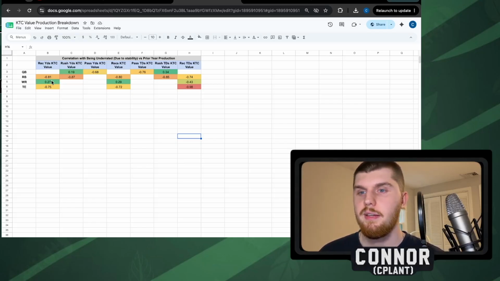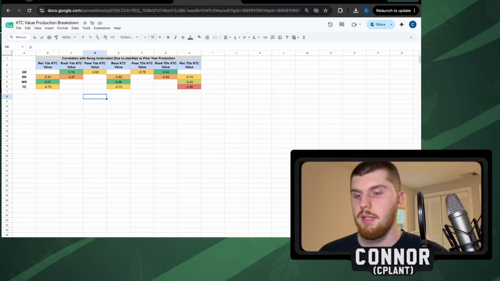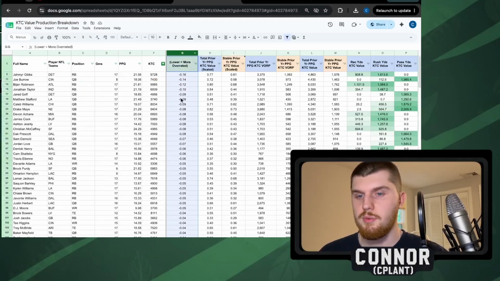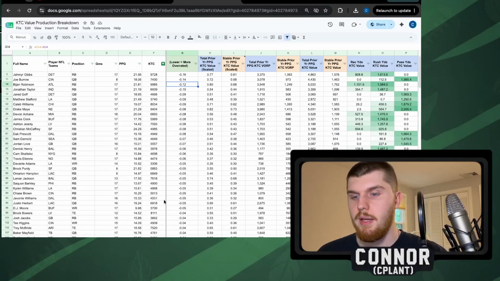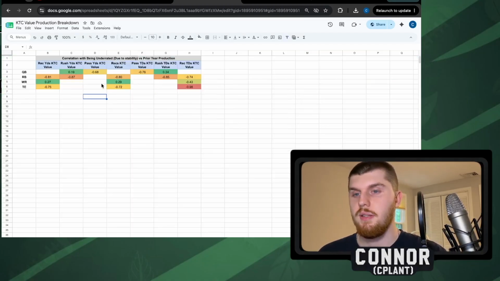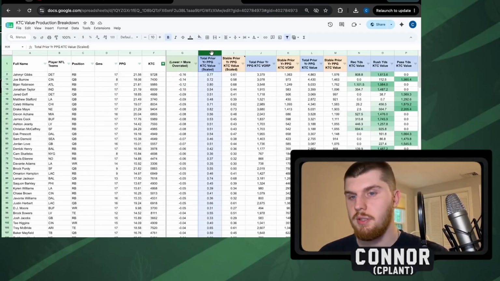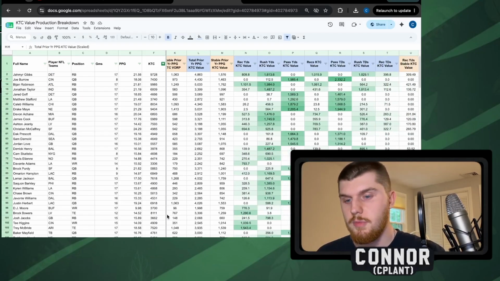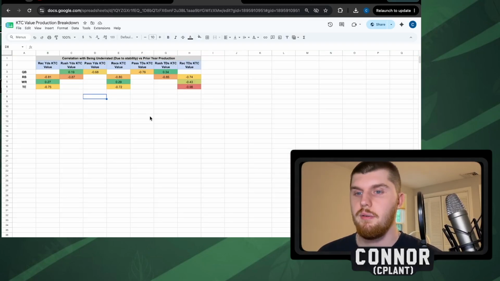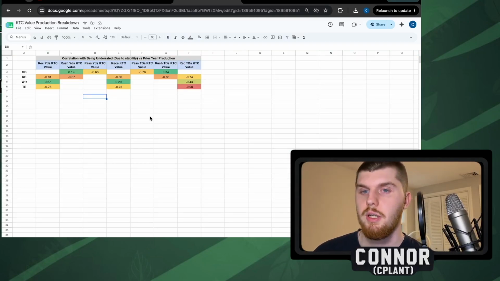I think if you just look at this correlation matrix, where it takes this undervalued metric, lower equals more overrated, this column, and looks at the correlation between that and their overall production value, but at each individual stat, it tells you which stats are responsible for a player's underratedness, right?